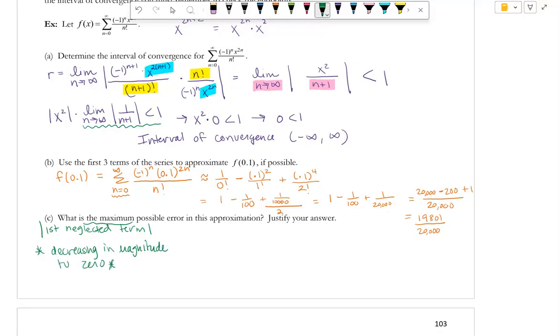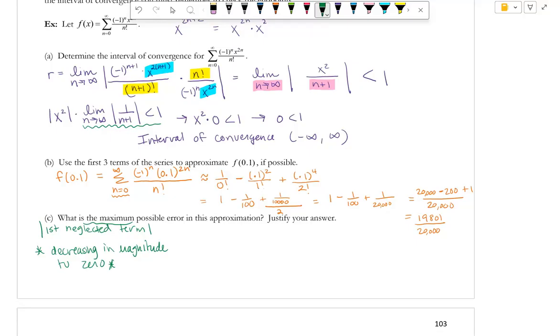So that works when our terms are decreasing in magnitude to 0, in other words, when our alternating series converges. So we could tell based on these terms, I had 1, then the next magnitude would be 1 over 100. The magnitude of the third term was 1 over 20,000. Those terms are decreasing in magnitude towards 0.